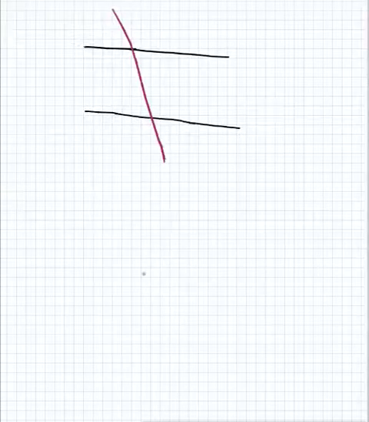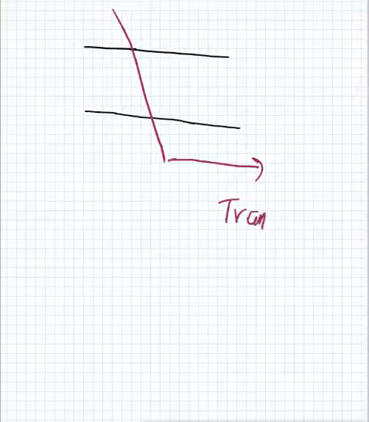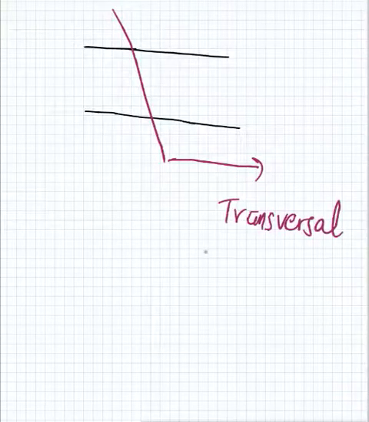So imagine that it's a straight line, and it's cutting through these two parallel lines. This line here is what we call the transversal. So it's a funny keyword, but if you come across it, that's all it means. It's a line that cuts through two parallel lines.